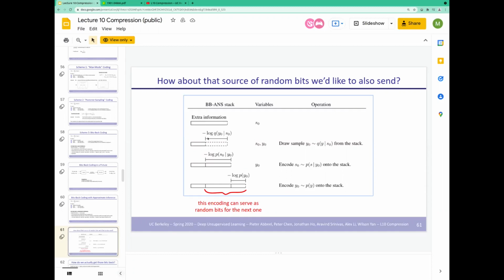So our information goes backwards first, and then we encode the symbol S naught given Y naught, and that increases the size of the message.